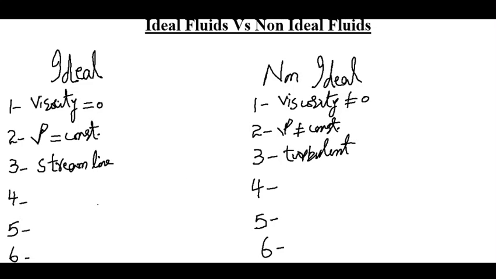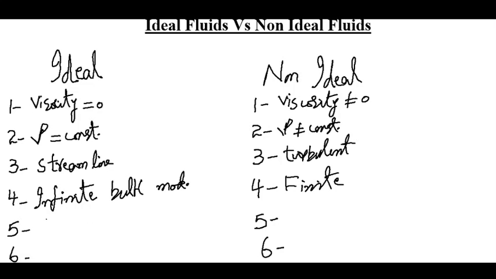The fourth difference between ideal and non-ideal fluid is the value of bulk modulus. For ideal fluid, which is incompressible, the value of bulk modulus is infinite. That is, when we calculate the value of bulk modulus for ideal fluid, it becomes infinite, while for the non-ideal fluid its value is finite.